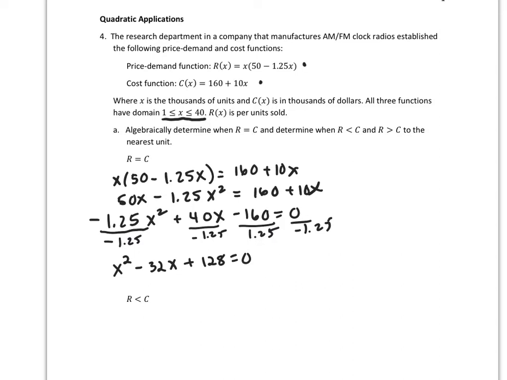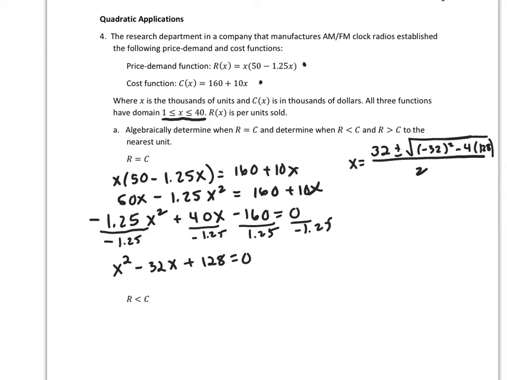And I don't know how to factor that, so I'm going to use the quadratic formula. x equals negative b, negative of a negative 32 is positive 32, plus or minus the square root of negative 32 squared minus 4 times 1 times c, which is 128, divided by 2 times a, which is just 2.